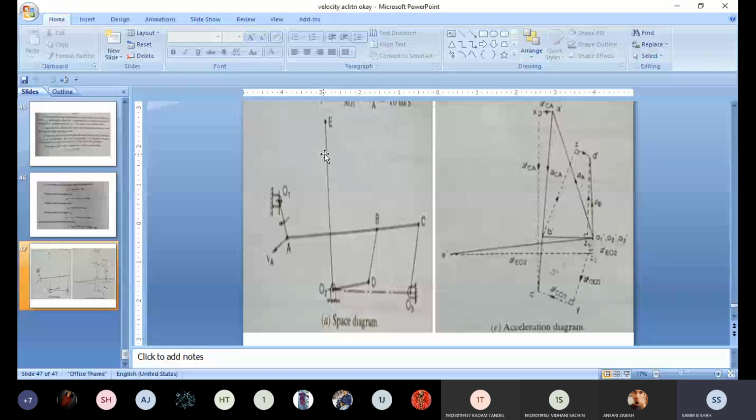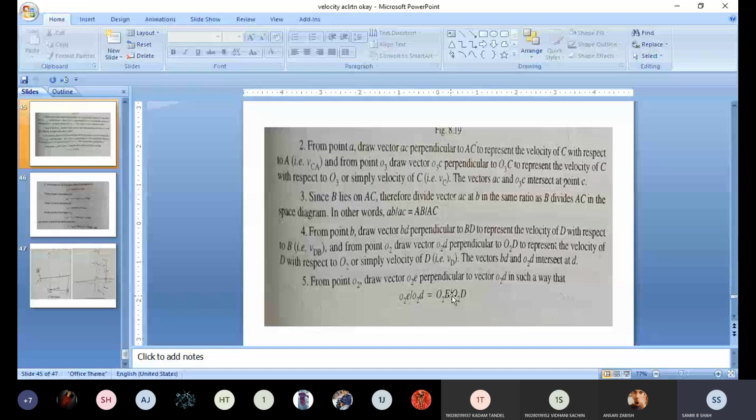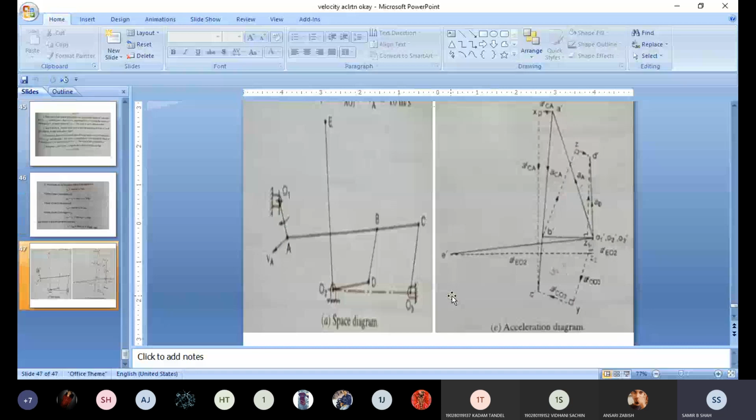As we discussed in the velocity diagram, to find point E we use the same equation here, and we find E dash. I just mentioned it in the chat box, so it's easy for you to find point E dash.